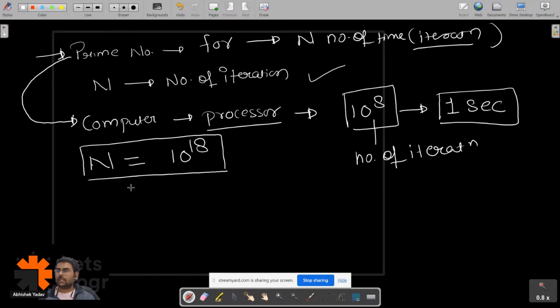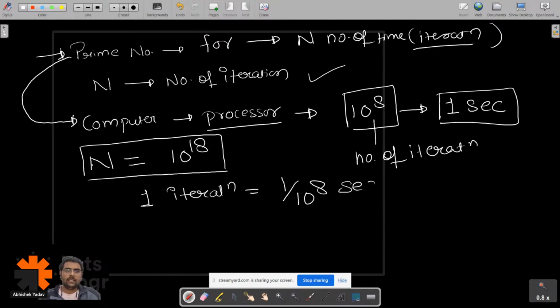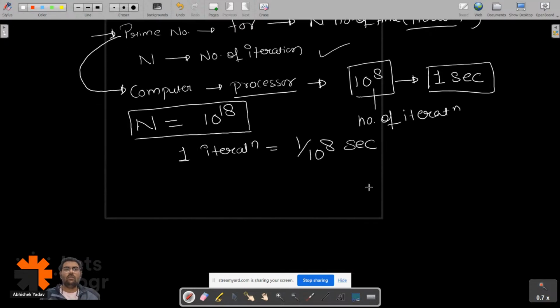So I'm getting answers saying 2 seconds, 1 second. Okay. So basically, guys, what is happening here? One iteration is equal to 1 divided by 10 to the power 8 second.